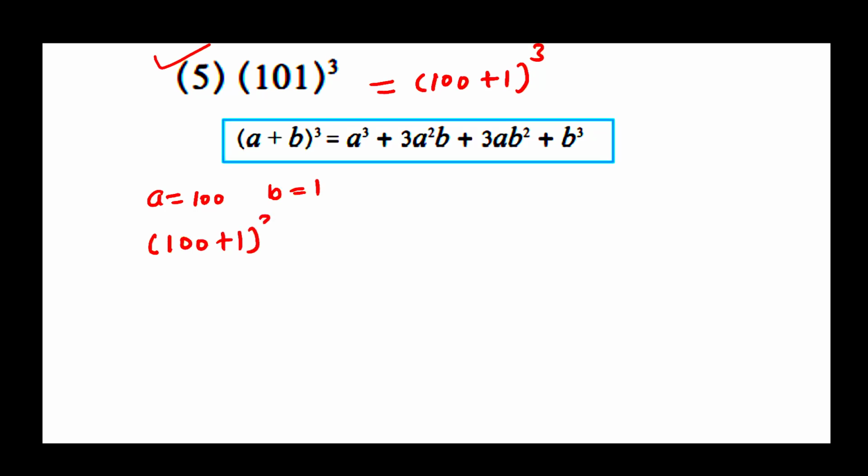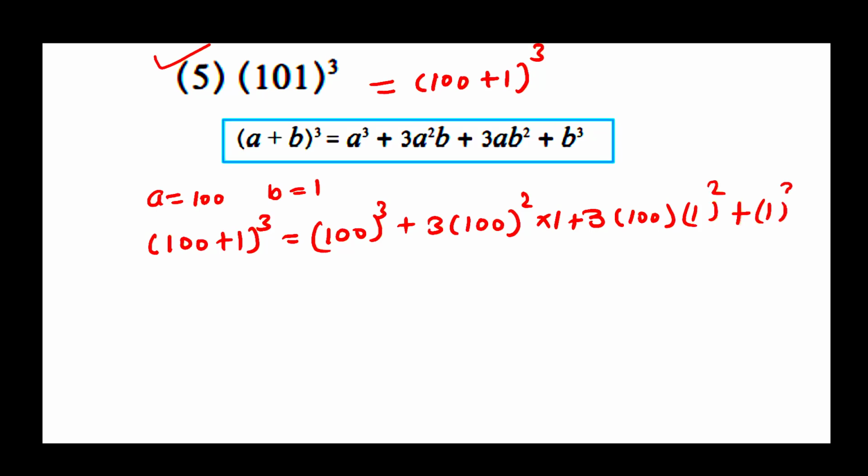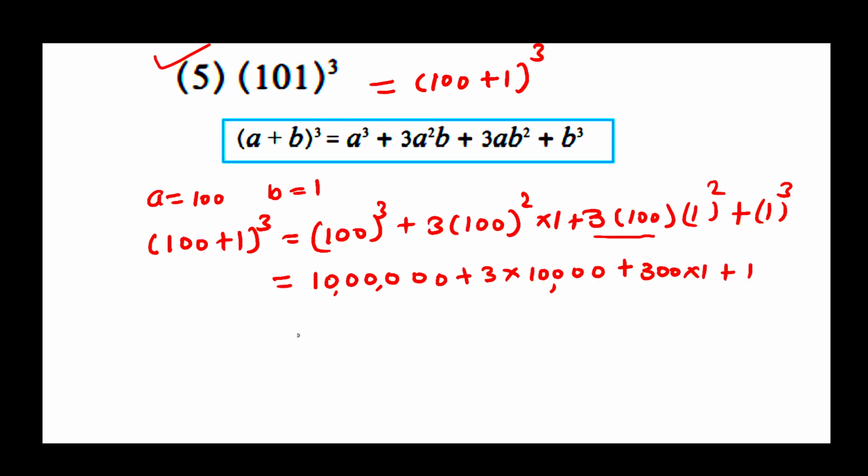(100 + 1) cube = 100 cube + 3 into a square, means 100 square, multiplied by 1, plus 3 into a, means 100, multiplied by 1 square, plus b cube, means 1 cube. 100 cube means 10 lakh, plus 3 into 100 square, means 10,000, multiplied by 1, means 10,000, plus 3 into 100, means 300, multiplied by 1 square, means 1, plus 1 cube, means 1, is equal to 10 lakhs plus 30,000 plus 300 and 1.